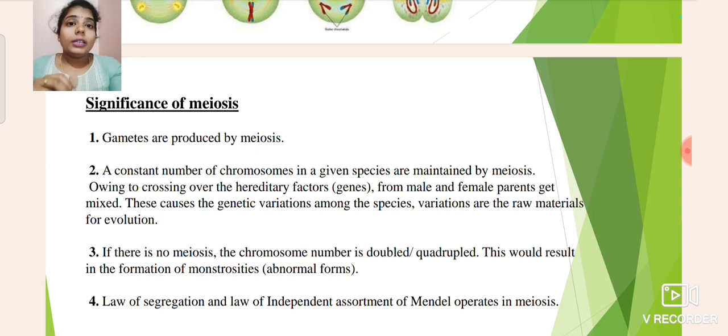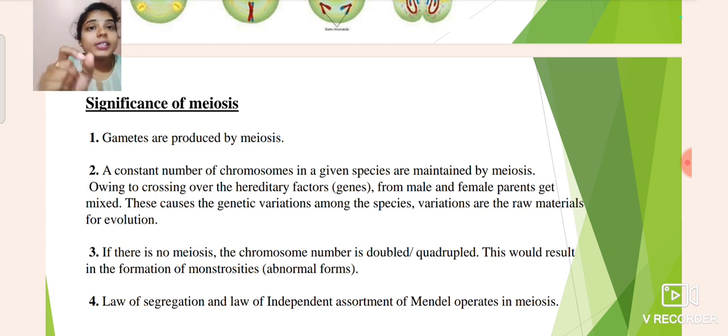Then the constant number of chromosomes in a given species is maintained by meiosis. Then, owing to the crossing over, the heredity factors from the male and female parents get mixed. This causes genetic variations among the species, and variations are the raw materials for evolution. If crossing over does not occur, there is no genetic material exchange, no mutations and no variations.